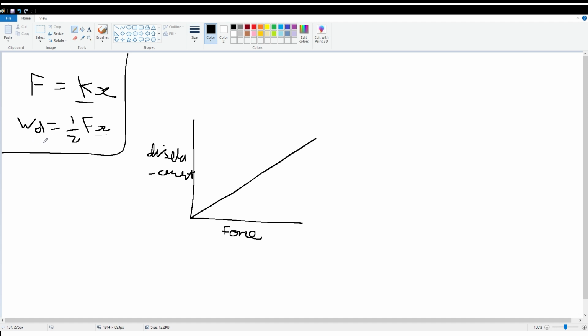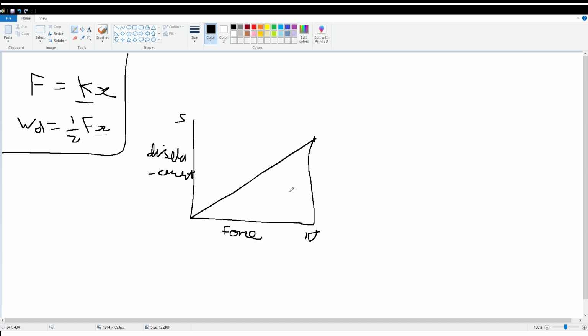So, to get the work done, we're calculating the area underneath this graph. Now you've already seen this before with calculating the distance from a velocity time graph. And this is essentially the same thing. So you imagine it like a triangle. And that's why you have this 1/2 in the equation. So say the force here goes up to 10, and the displacement goes up to 5.